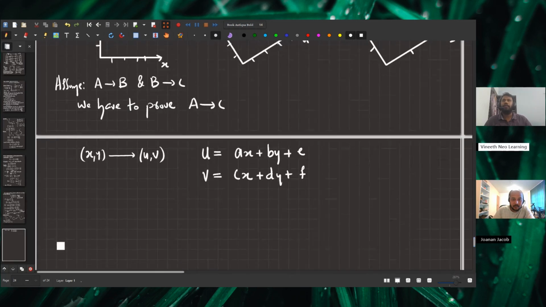This is our coordinate transformation from x comma y to u comma v given by these equations, and we have the condition AD minus BC should not be equal to 0.